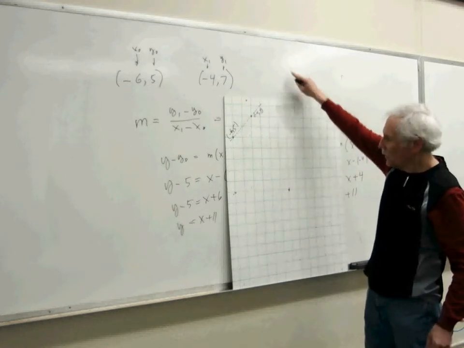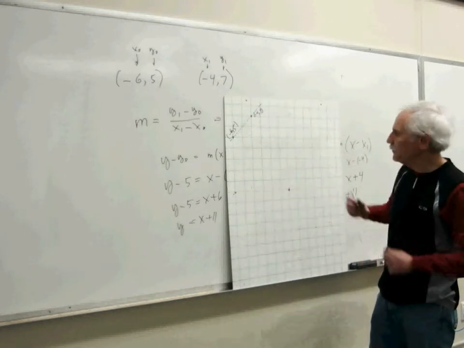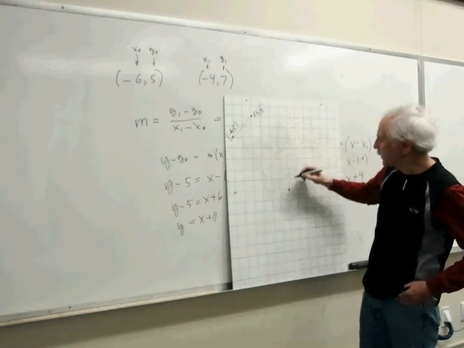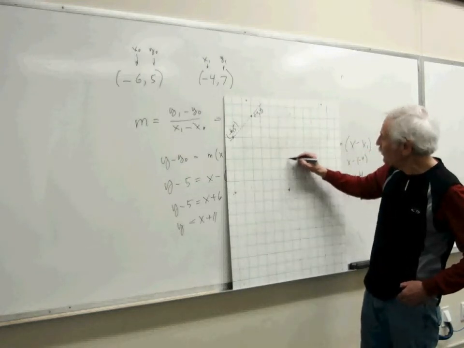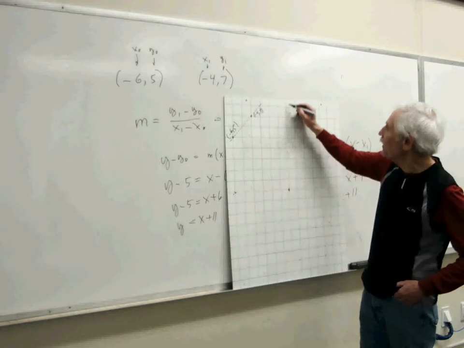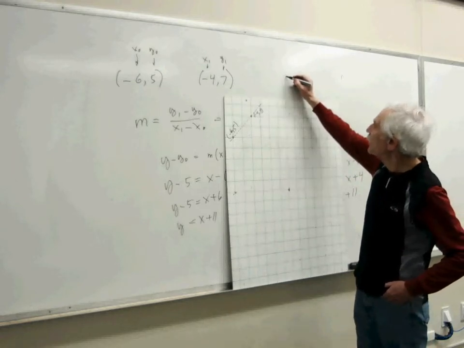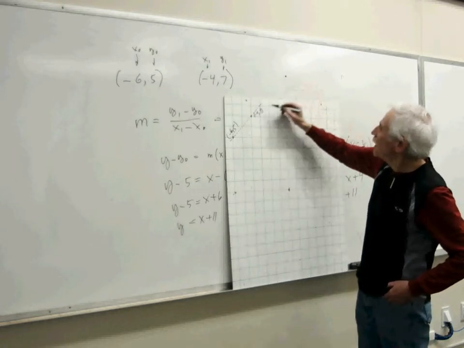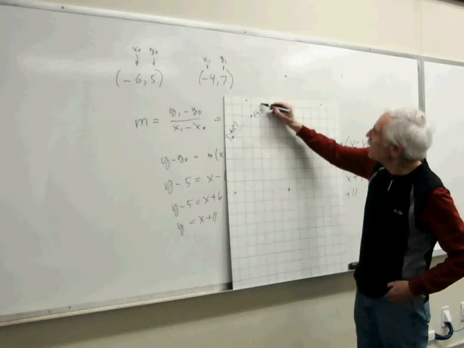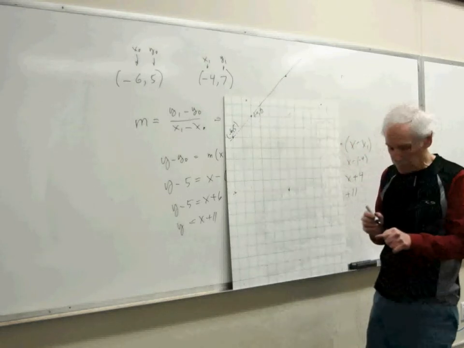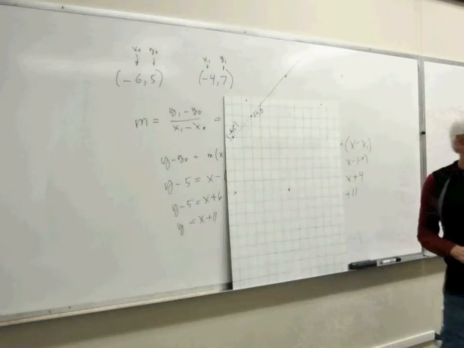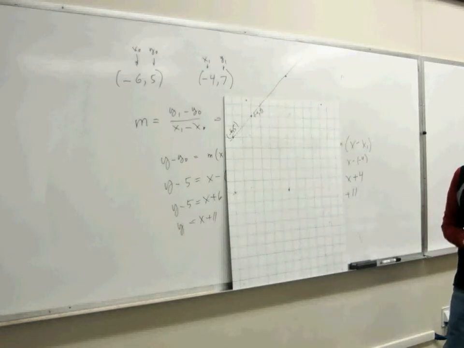You'll get exactly the same line. Let's go up 11: 1, 2, 3, 4, 5, 6, 7, 8, 9, 10, 11. And then you can see that this line goes right through that point. You have to come down 1 and over 1. Right, so that still would be on that line. Yeah, exactly.